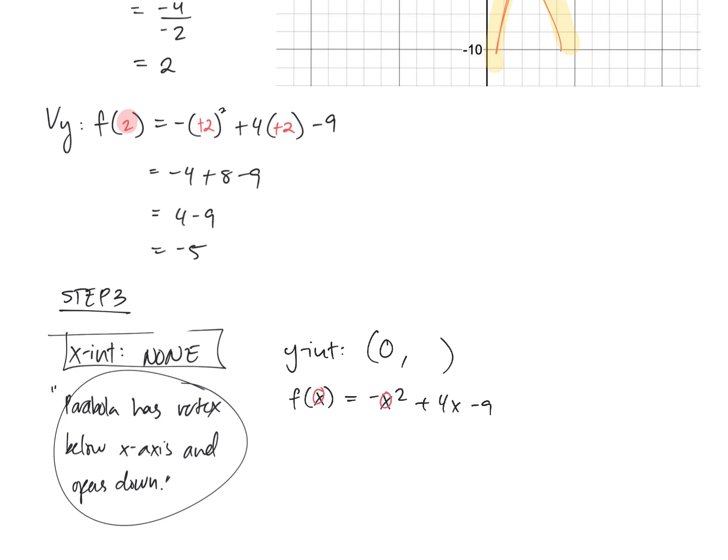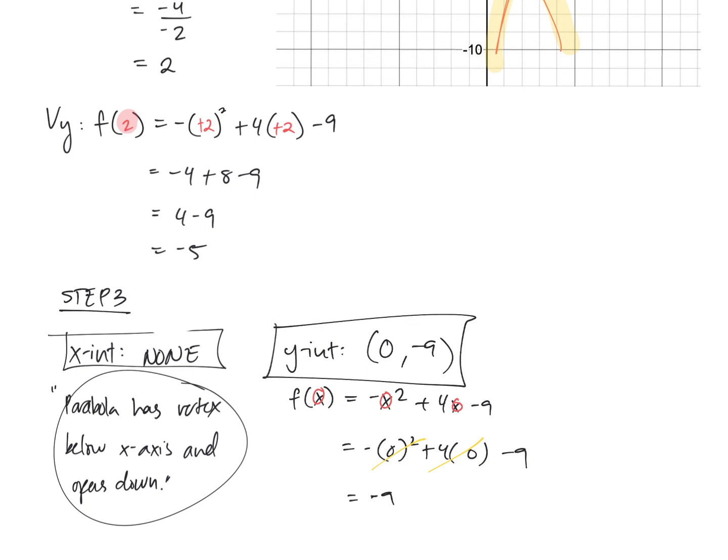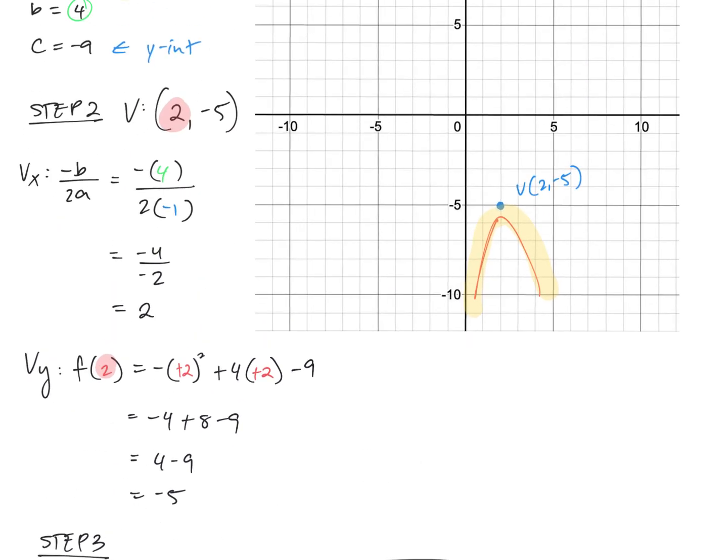So that'd be negative 0 squared plus 4 times 0 minus 9. All of those go to 0, and I'm left with negative 9. So my y-intercept is 0, negative 9. And that looks like it makes sense. Once again, always check your work as you go along and make sure things make sense. If something seems off and things aren't lining up, more than likely some of the math work is off. So 0, negative 9.